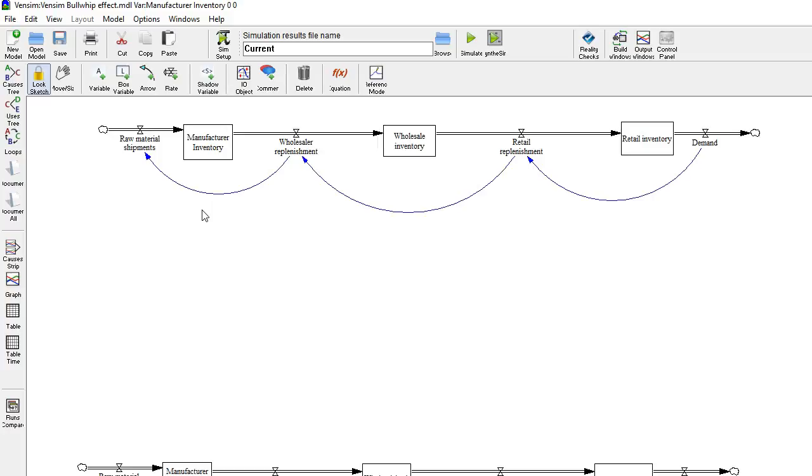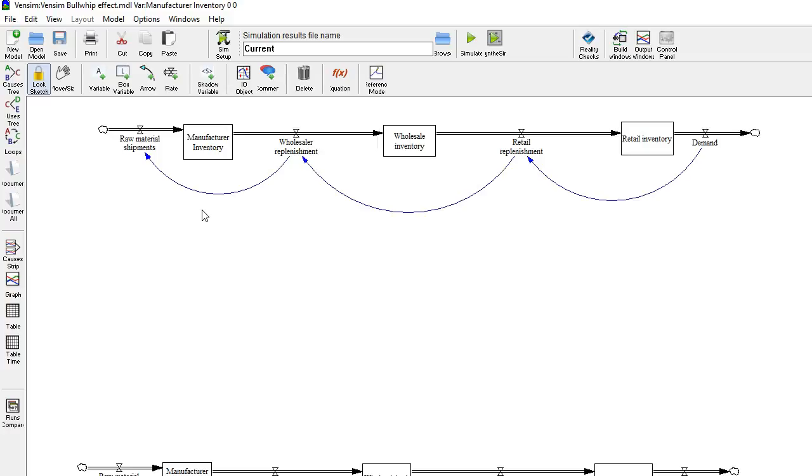I am depicting right now the simplest of the cases, and as you can see, the arrows pointing in blue from right to left represent information going upstream in the supply chain, whereas the material is flowing from left to right, from the suppliers of raw materials to the manufacturer, from the manufacturer to the wholesaler, from the wholesaler to the retailer, who finally sells this product to the consumer.